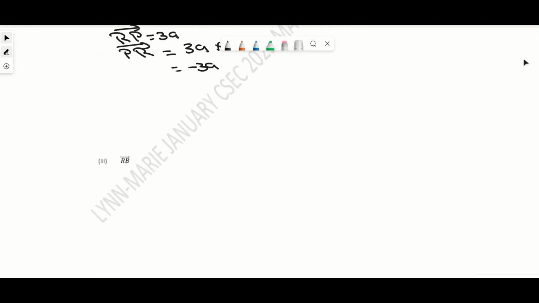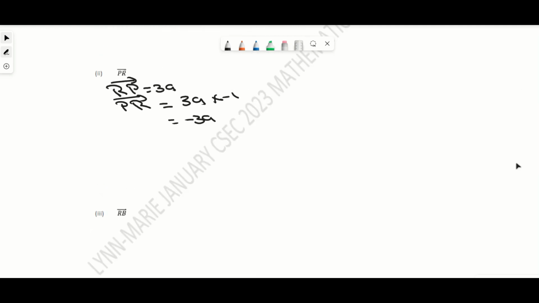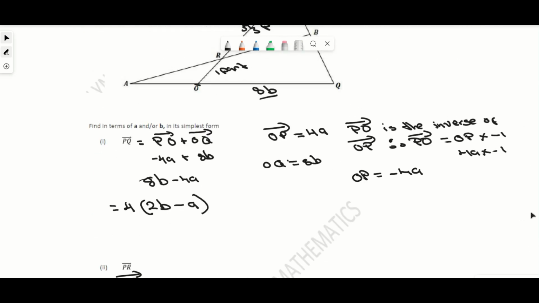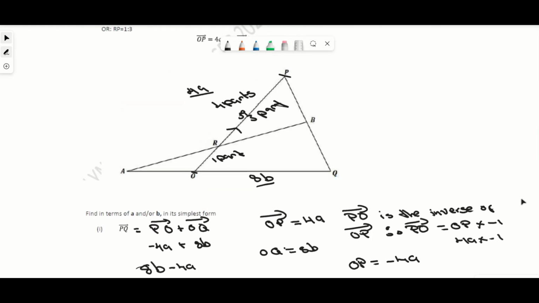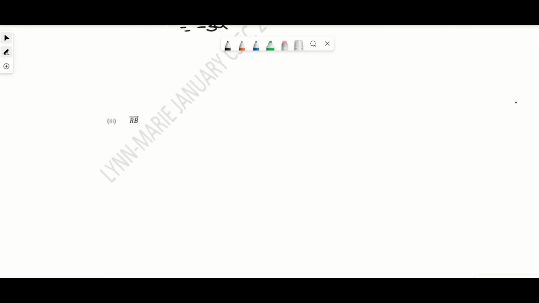All right, now let's look at part 3. Part 3, RB. Now we're going to use our diagram like we did before. The diagram said RB, so we want this. We're starting with R, so R to P and P to B. Let us write this down.